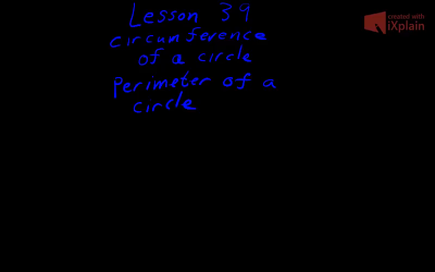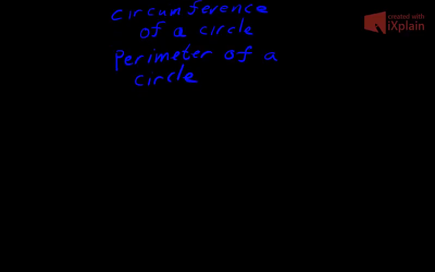So first off, we have to make sure that we know how to make a circle, because if we don't know how to make a circle, we have a little bit of a problem. What a circle is, we have to start with a center point, and that right there we're going to use as our center point. And then when you're drawing a circle, you have to find all points that are a certain distance out.